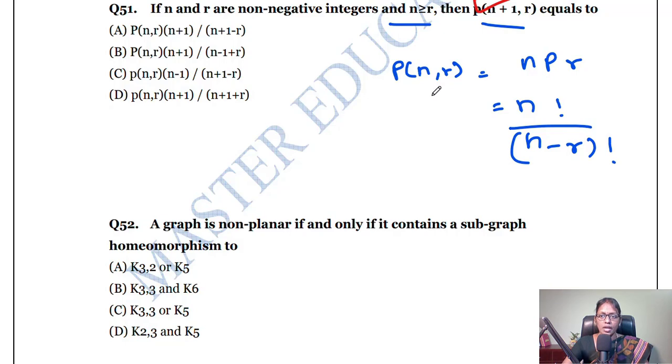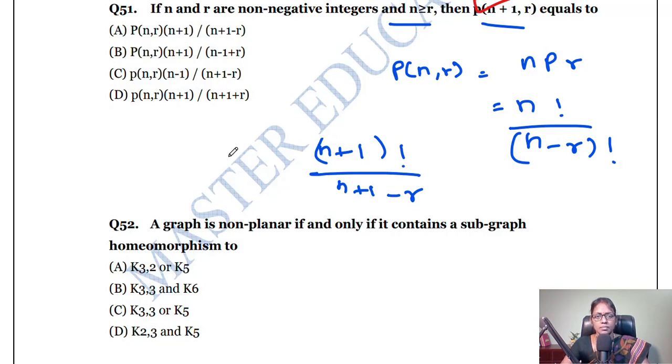So in this place we apply n plus 1 in the place of n: n plus 1 factorial divided by n plus 1 minus r factorial. So if you apply, the answer is option A. So option A is the correct answer.